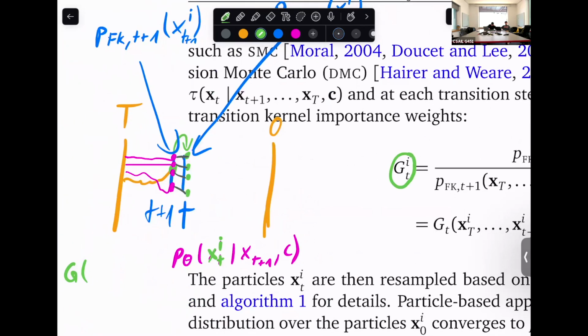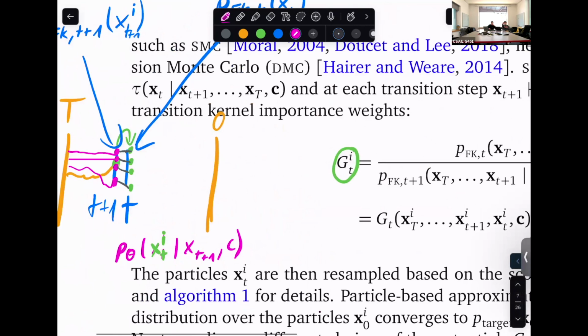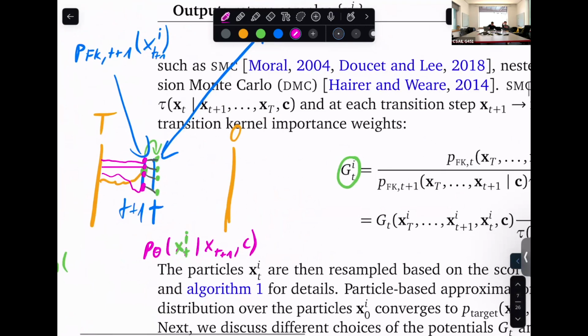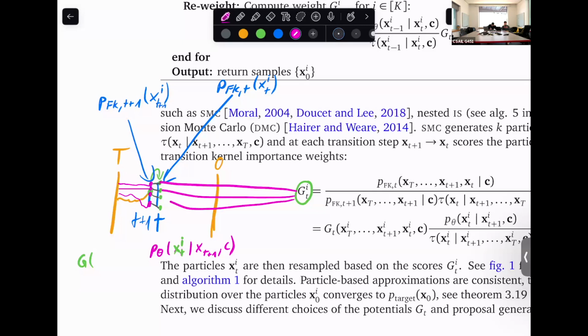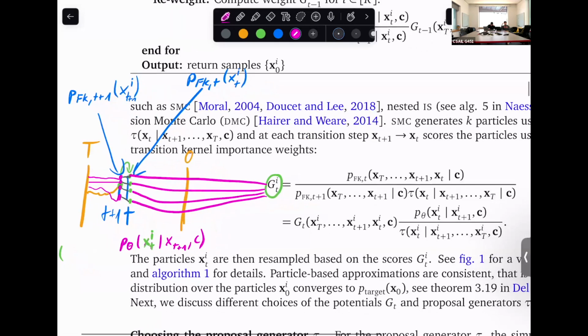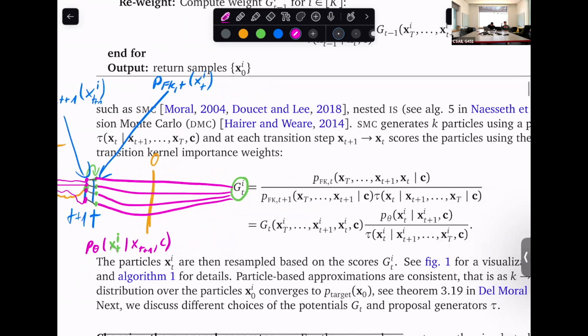You now want this GT of I. Let's scroll to the right a little bit on the big screen so that everybody else can see what we're working with here. We want to assign this to each one of our i's. Exactly, and this is basically reweighting from the transition kernel I did take to the transition kernel I should have taken.